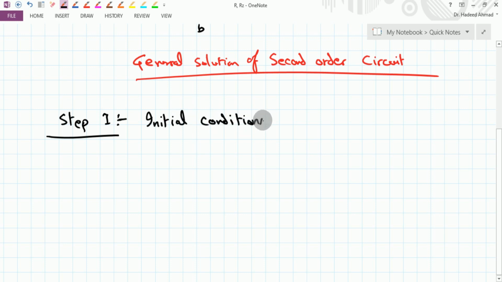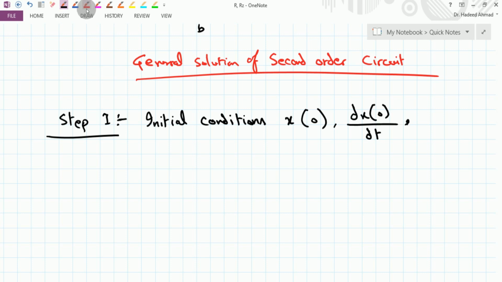These initial conditions could be the initial current through the inductor or the pre-stored voltage in a capacitor, and generically I can write it as x0, and then the rate of change of that quantity with respect to time, and the final value, which is not the initial condition but a condition in a steady state, so that we can also write the value at time t equal to infinity here. So this is the first step.